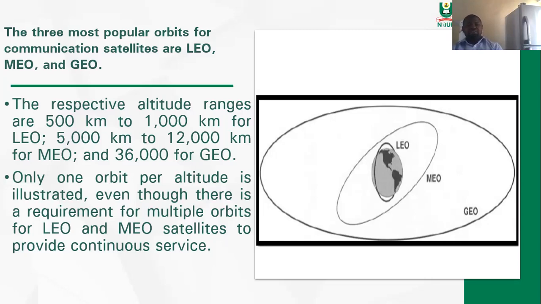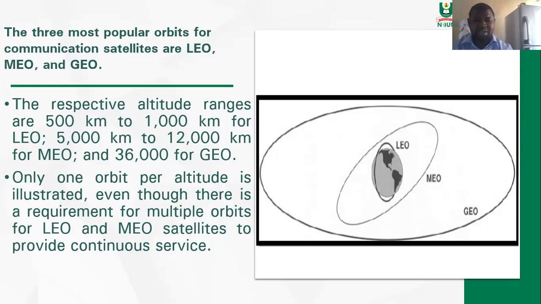Now, the respective altitude ranges are 500 kilometers to 1,000 kilometers for LEO orbit, followed by 5,000 kilometers to 10,000 kilometers for MEO, and 36,000 kilometers for GEO. Please note this.